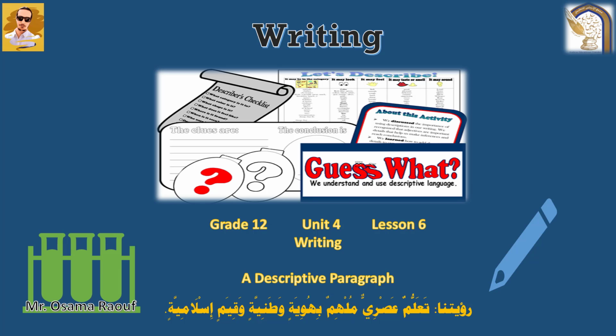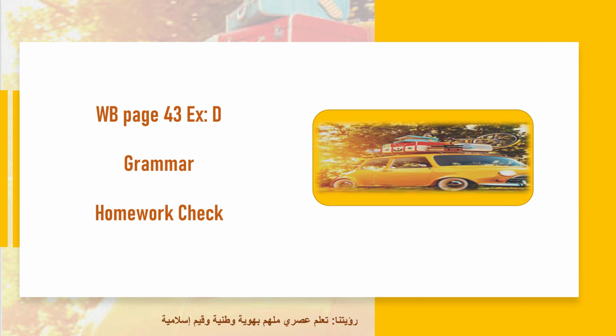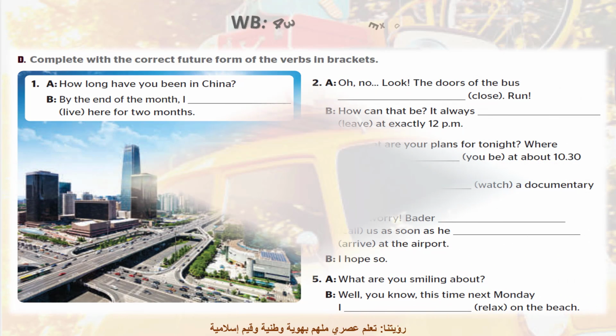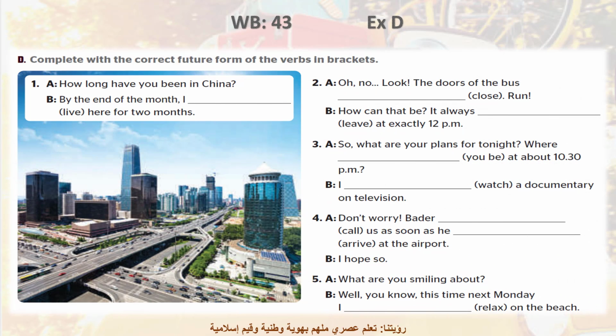Before we start our lesson, let's again check our homework for yesterday. Open your workbooks, page 43, to check exercise D. Here are the answers. Number 1. Will have been living. 2.